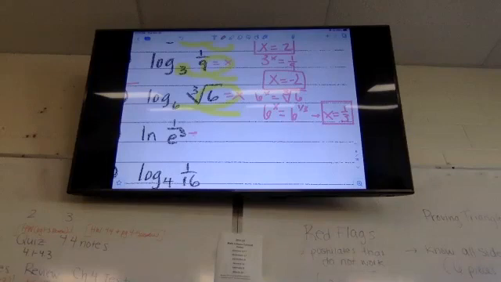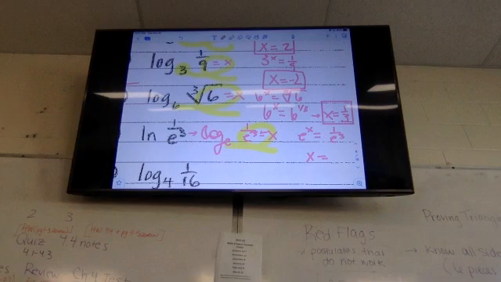Ln is the same thing as log base e, 1 over e to the 3rd. Again, I set it equal to x, so I can do my log roll. e to the x equals 1 over e to the 3rd. What's x going to equal here? What'd you say, MK?